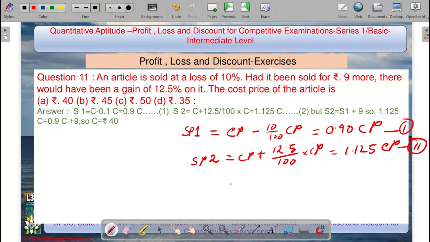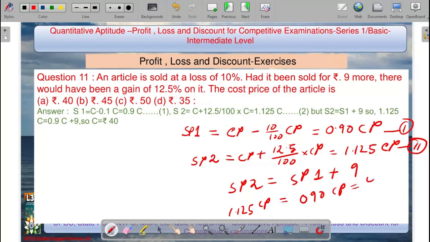Now they have given SP2 equal to SP1 plus rupees 9.